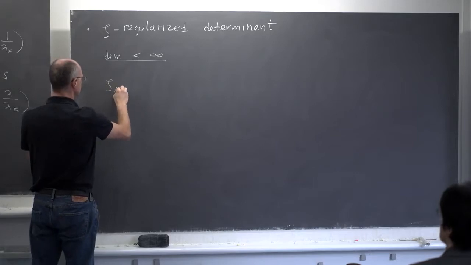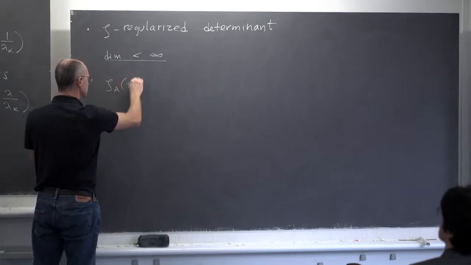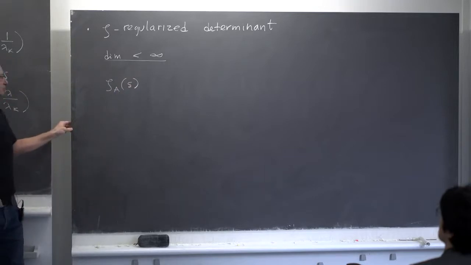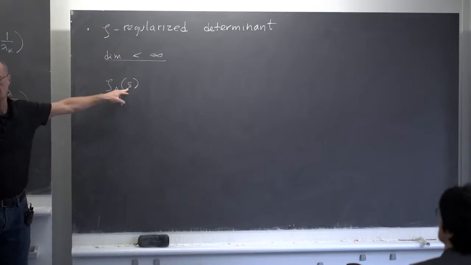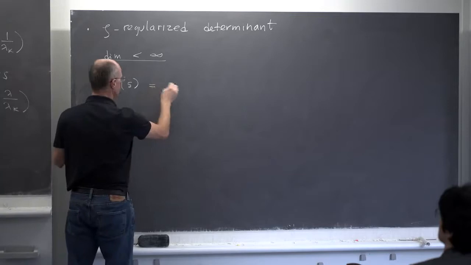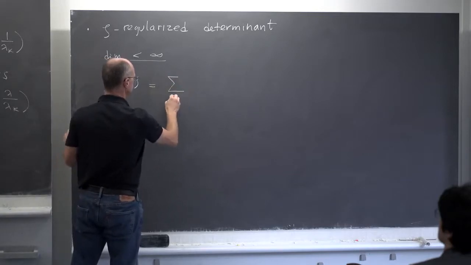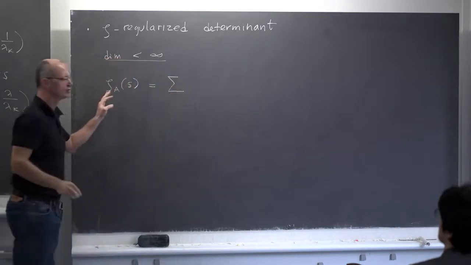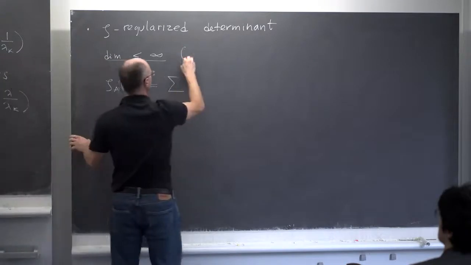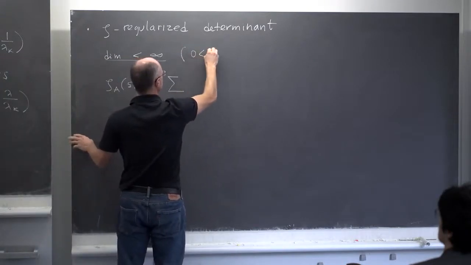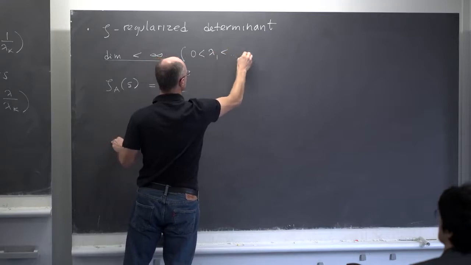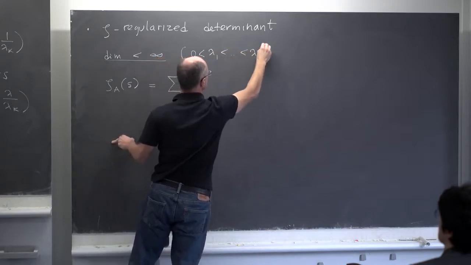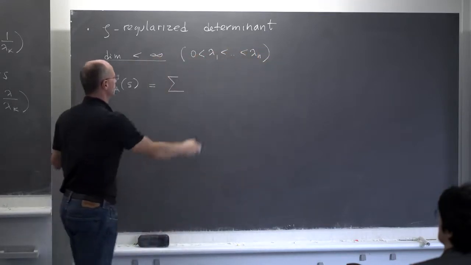Let's define a function of complex variable s, so zeta A of s, by the following formula. So now I assume that all the eigenvalues are positive.